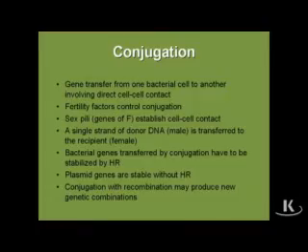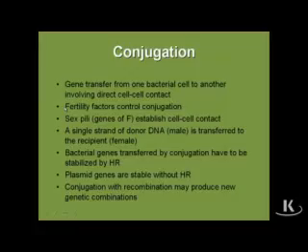The next mechanism of gene transfer that we're going to talk about is conjugation. Conjugation requires direct cell-cell contact from one bacteria to another to allow the exchange of genetic information. Now, what you need for conjugation, we're going to talk about some terminology and some rules. You need something called a fertility factor, and we'll talk about what that is.